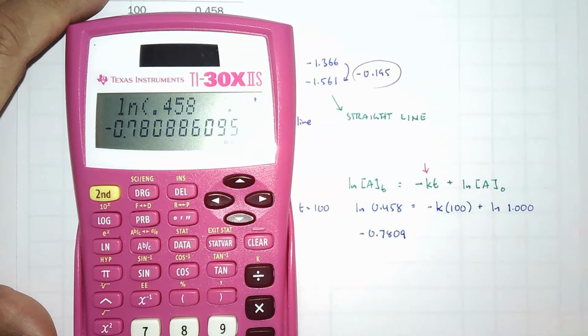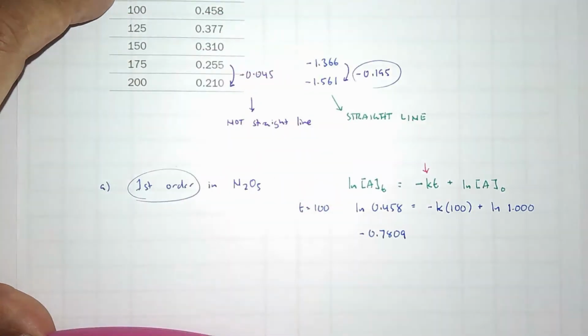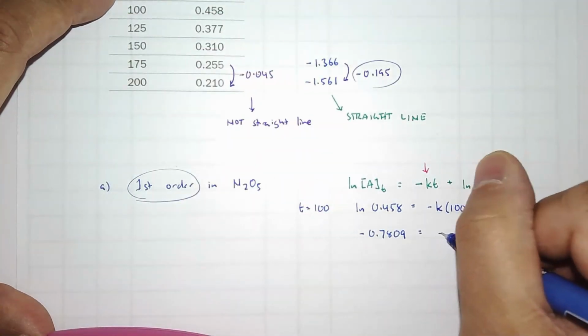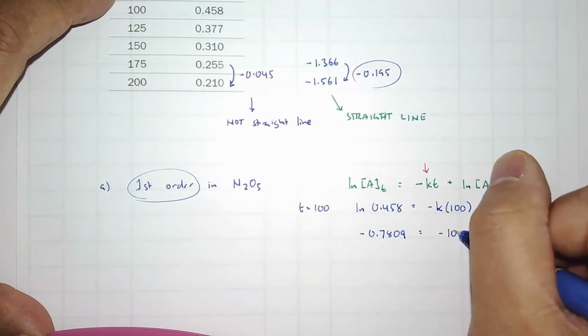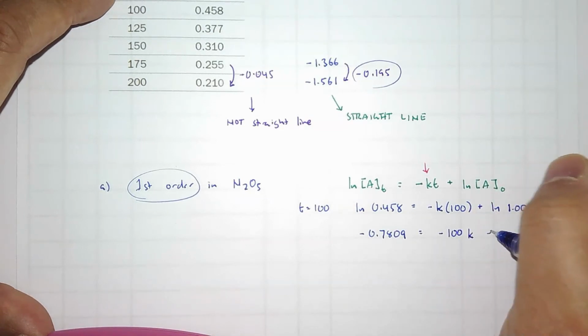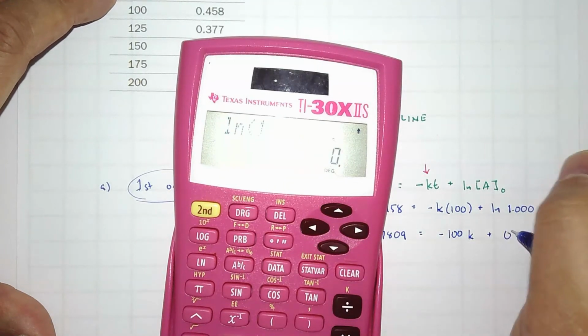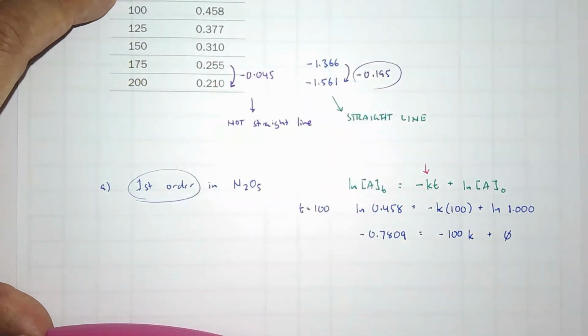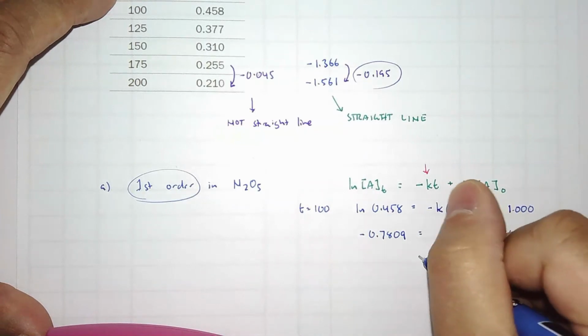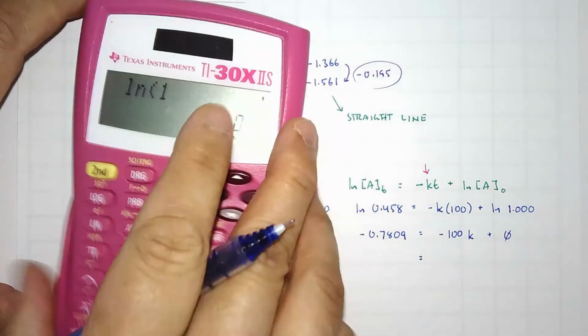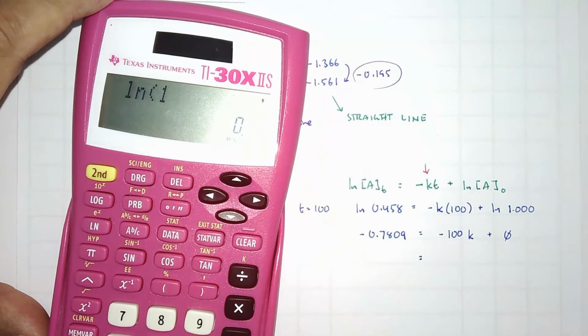Let's go for significant figures. 0.7809 equals minus 100k plus ln of 1, remember, is 0. Okay, good. k is positive because we're going to take this number divided by negative 100.